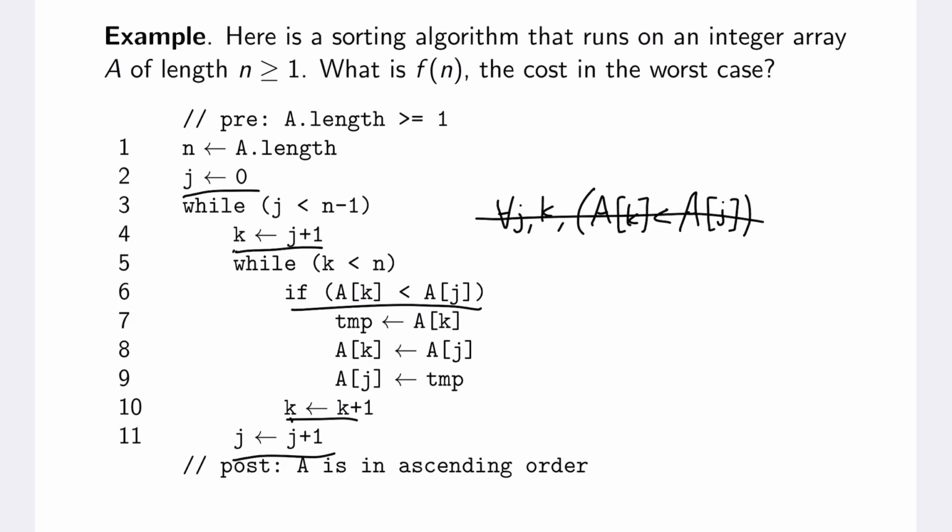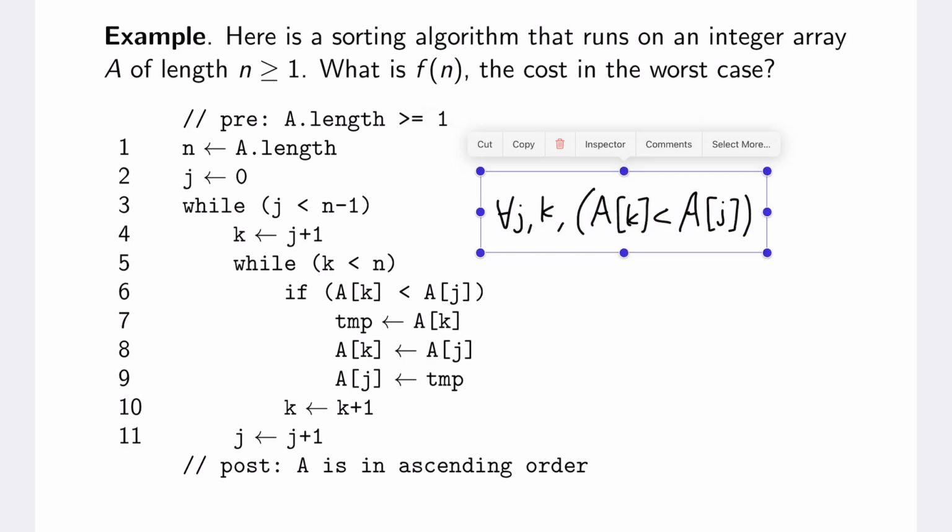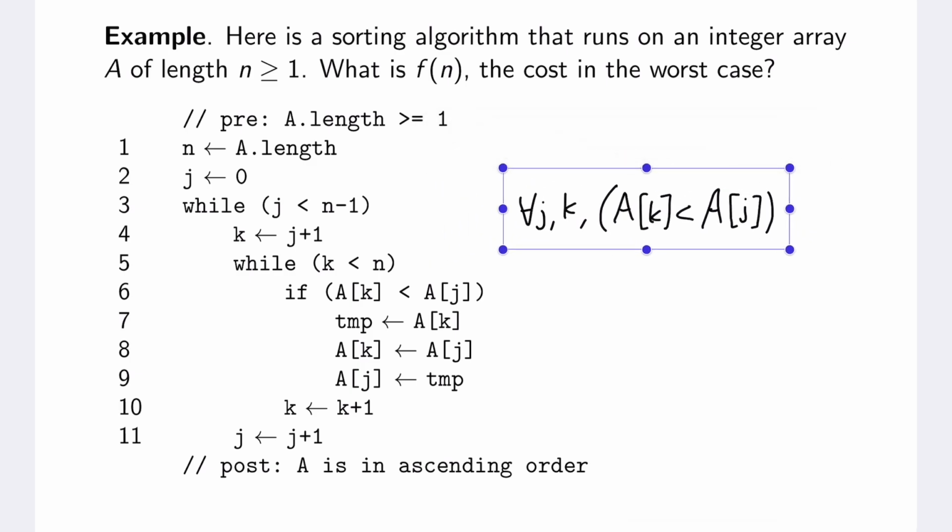So that's a good start. We're probably avoiding the contradiction that we found earlier. But we're still not quite at the point where we can elegantly state what the worst case is. Oh no, I can't select just the expression.